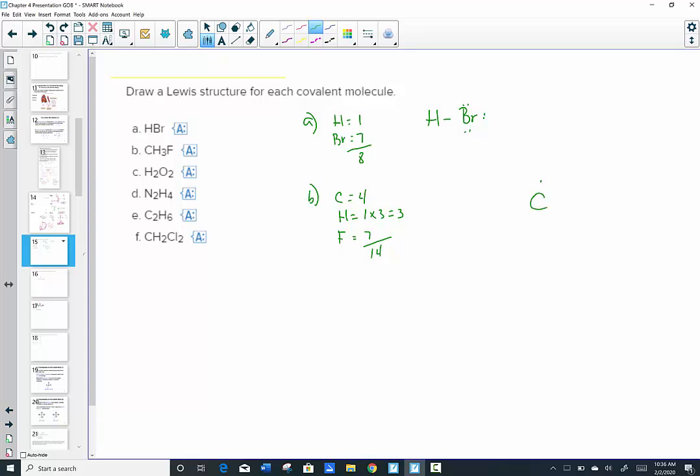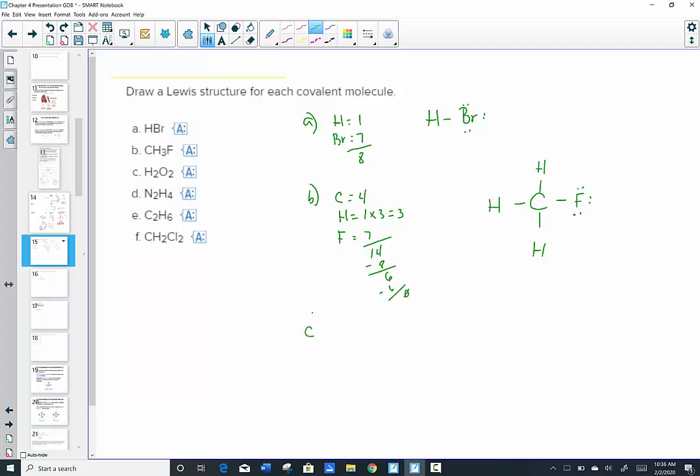Never pick hydrogen, never pick a halogen. And you attached back all of the other atoms to the carbon. And when you did so, you tallied that you used 8 electrons to make 4 single covalent bonds, leaving you 6 dots left. And then I'm sure you placed those 6 dots around the fluorine. All done.